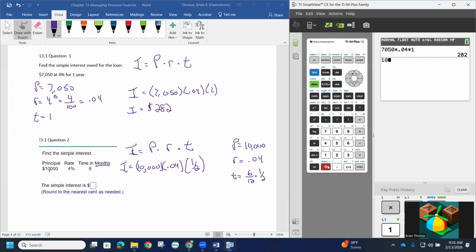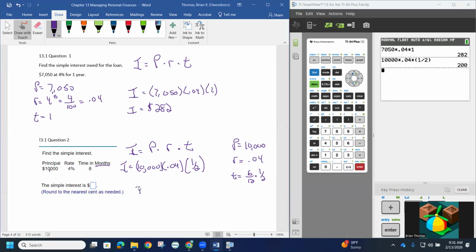So 10,000, so I need 4 zeros there, times then 0.04. And then if I multiply that by 1/2, and if I'm using my calculator, I like to put it in parentheses, 1 divided by 2. And that I feel safe about that. And that gives me $200.